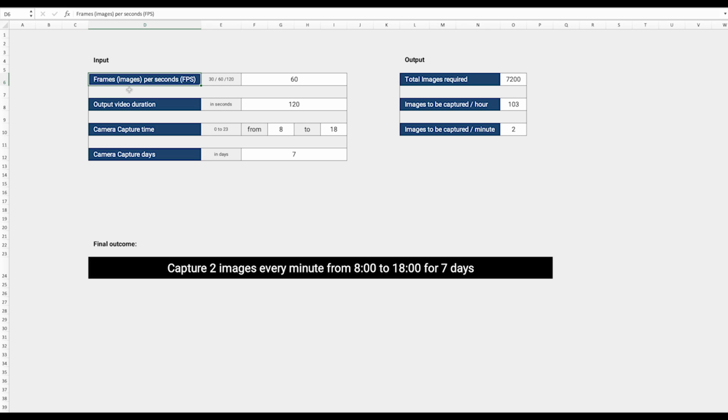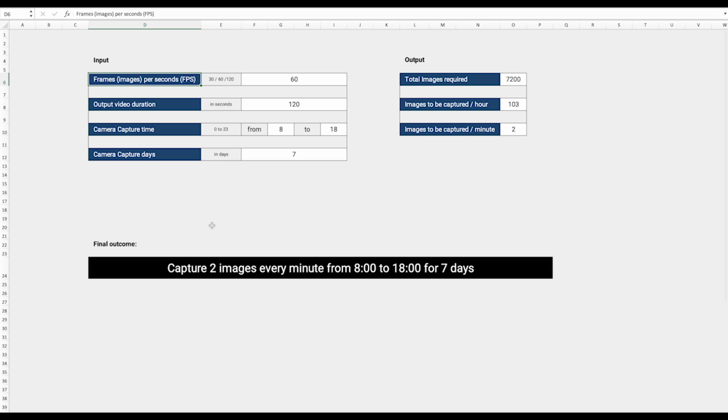Within those 10 seconds, for every second, there will be 30 images that will be sequenced one after the another to make a video of 1 second. So for 10 seconds, there will be 30 into 10, that is 300 images which should be sequenced together to form that video. Okay, so the higher the FPS, the greater is the quality of the video.